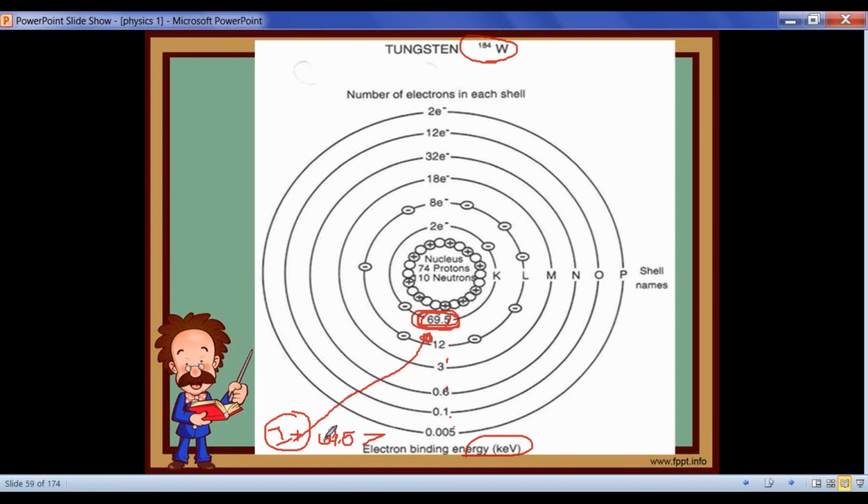Kasi pag halimbawa 69 lang po yung energy niya, hindi niya po ito mariremove. Hindi niya po mariremove ito kasi kulang yung kanyang lakas.